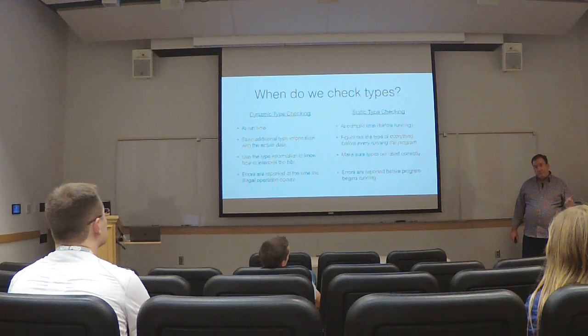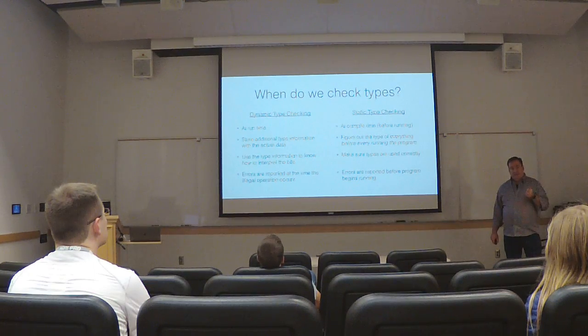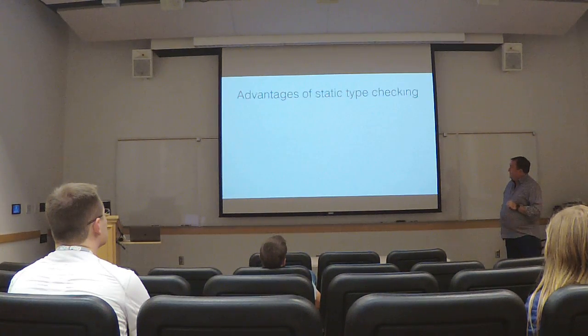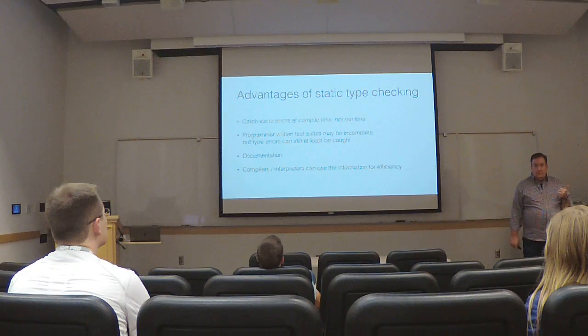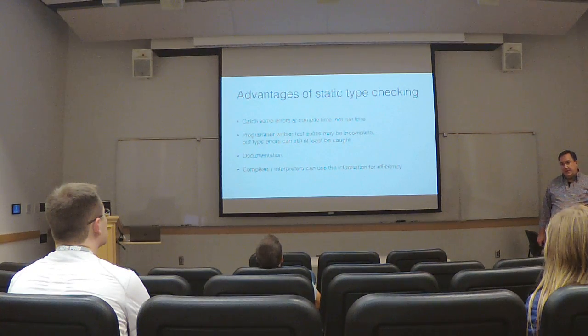There are advantages, though, to doing it statically, like in C++ or Java, where it ensures that types are being used correctly at the beginning of the execution. So either at compile time or before you actually start running the program in interpreted languages. We went through the advantages. It catches errors before you ever ship the program, launch the missile, whatever the system is.